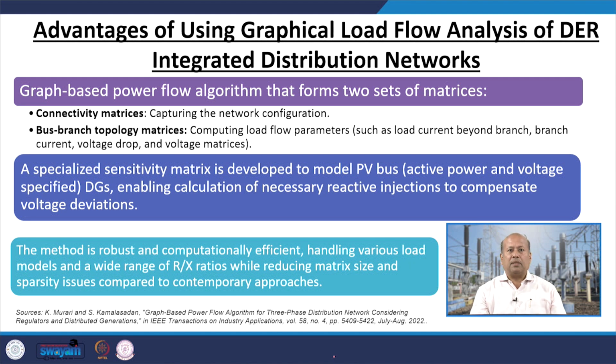A specialized sensitivity matrix is developed to model PV buses, that is, active power and voltage specified distributed generators, enabling calculation of the necessary reactive injection to compensate voltage deviation at each and every bus. The method is robust and computationally efficient, handling various load models and a wide range of R by X ratios while reducing matrix size and sparsity issues compared to contemporary or classical approaches.